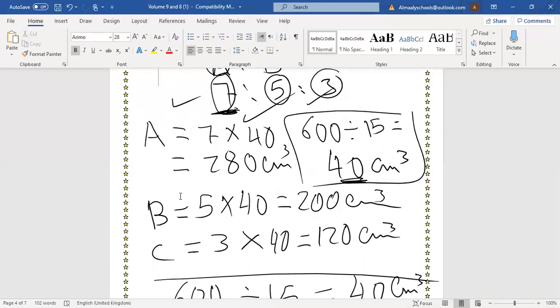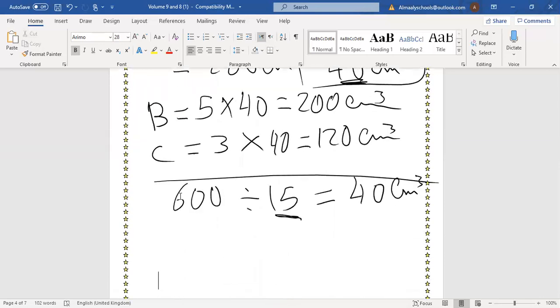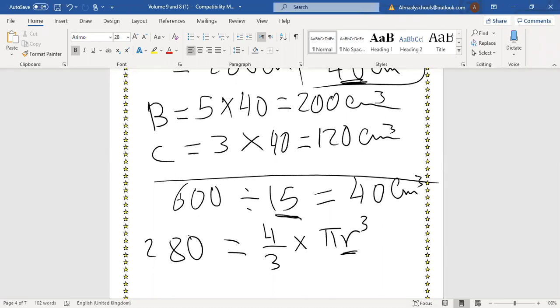No. Now, the volume of sphere A equals 7 multiply 40 equals 280, and I write 280 equals 4 over 3 pi r cubed. Now, who can find the length of its radius?